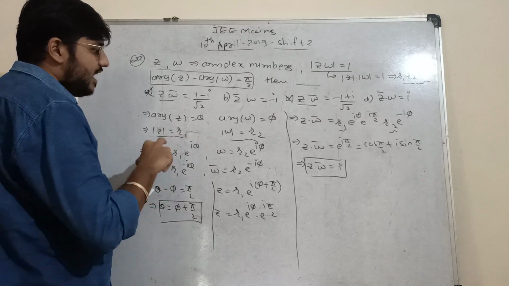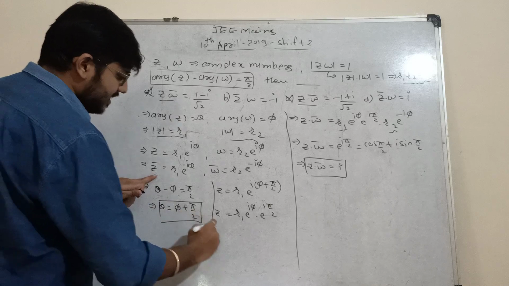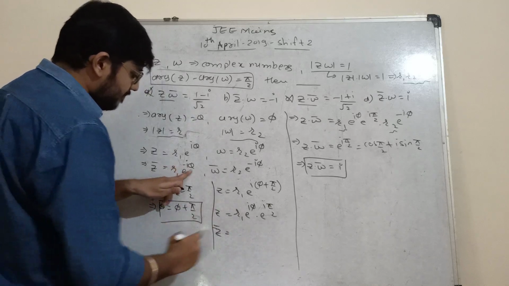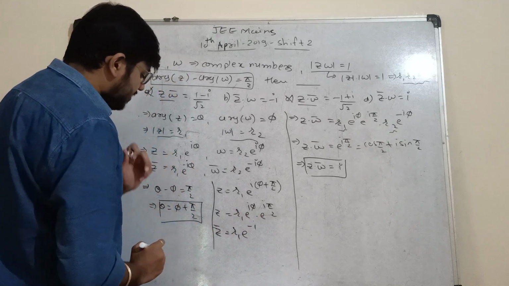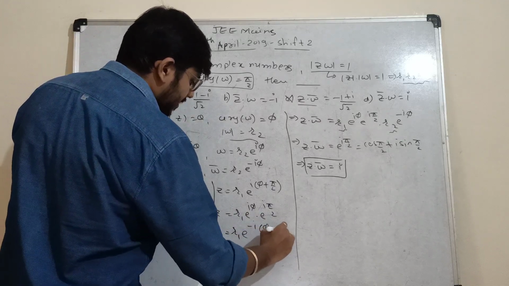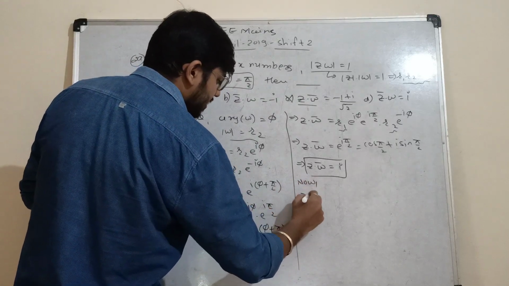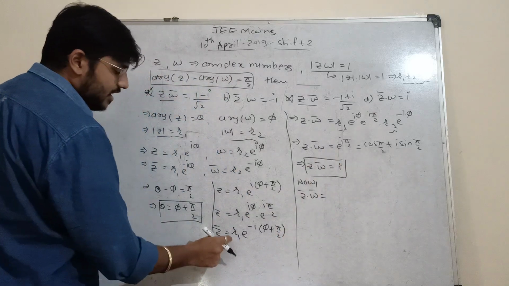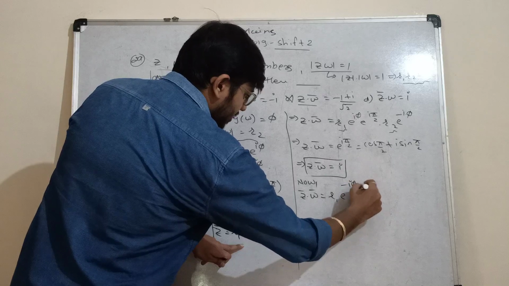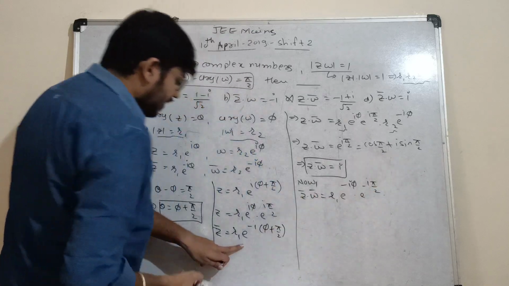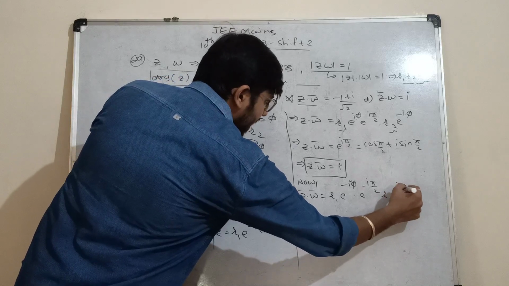So now let's talk about z bar dot w. In z bar, if I replace r1 dot e raised to minus i theta with phi plus pi by 2, then for z bar dot w, z bar is r1 e raised to minus i phi dot e raised to minus i pi by 2, and w is r2 e raised to i phi.